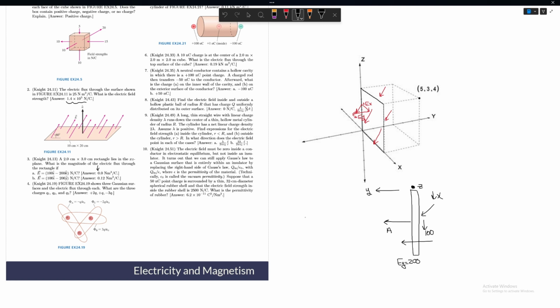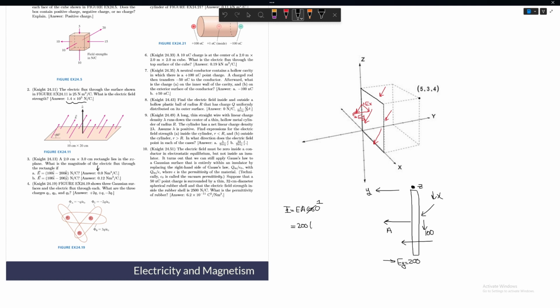And so the flux equals my electric field times my area cos theta. But obviously, my electric field is going in the direction of my area. So my angle is 0, and cos of 0 is just 1. And so this equals negative 200, because I'm only looking at my y, times the area.